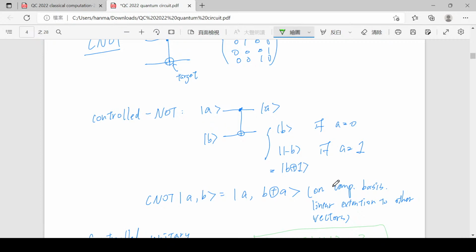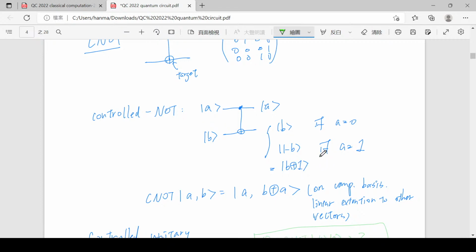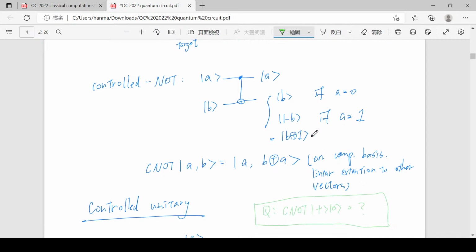If we think about this carefully, this is B XOR 1, or B plus 1 mod 2. That also flips the B. And then we can write this whole thing in a simpler form with this XOR notation.